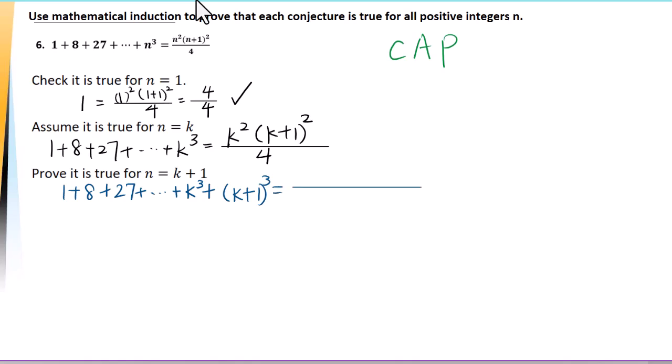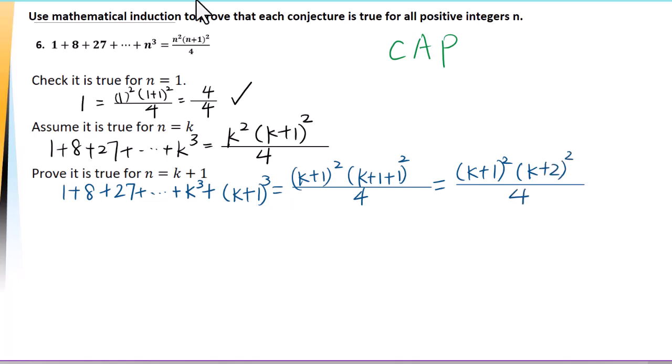On the right side, change every single k into k plus 1: (k plus 1) squared times (k plus 1 plus 1) squared over 4. Simplify the right side: (k plus 1) squared times (k plus 2) squared, all over 4.